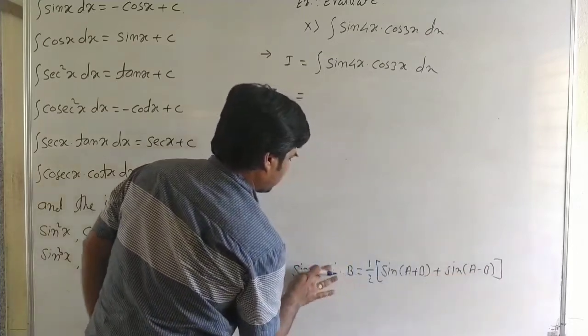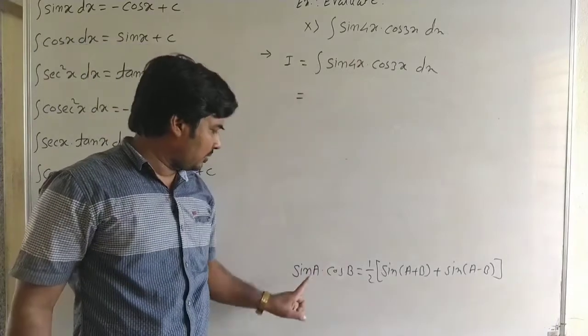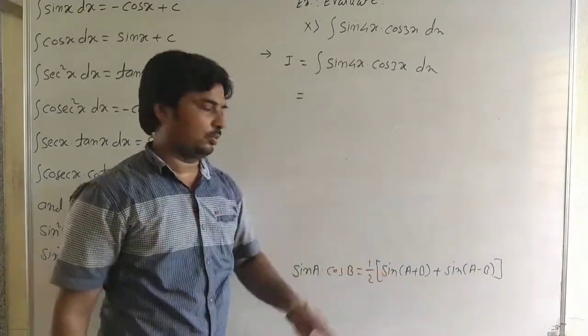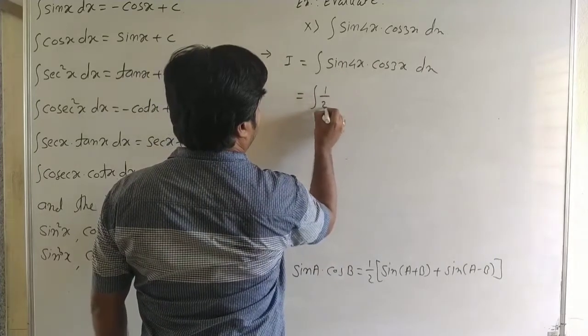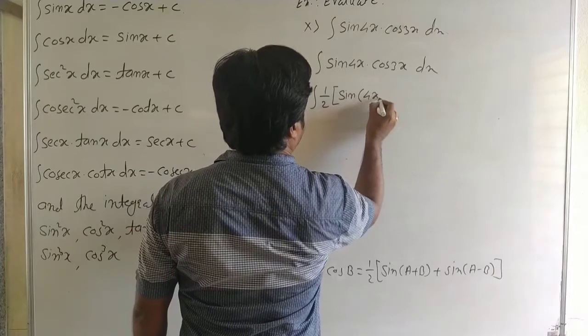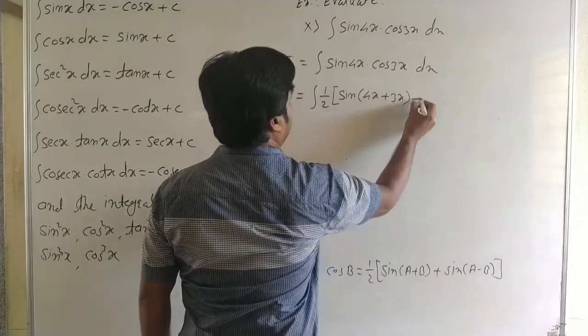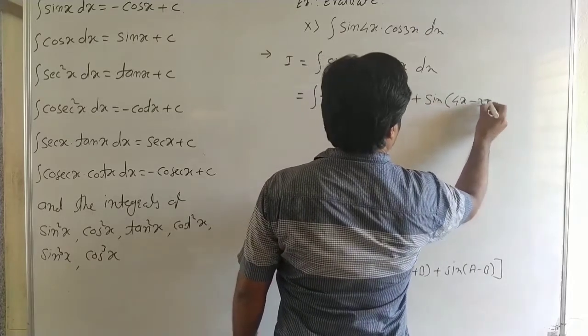Here it is the formula for sin A into cos B. Here we use this: 1 by 2 into sin A plus B, that is 4x plus 3x, plus sin 4x minus 3x dx.